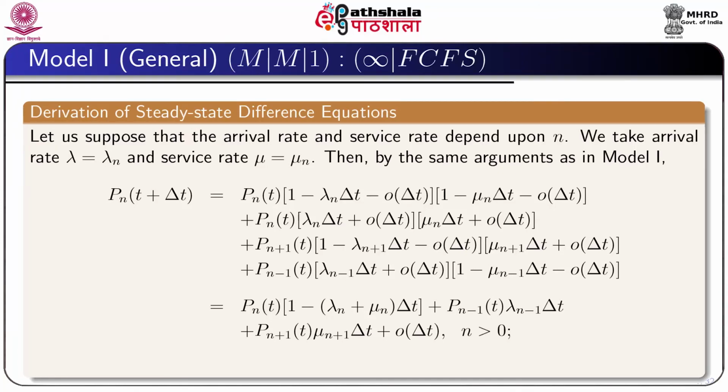Let us now discuss model 1 general, which is M/M/1 infinite FCFS. The assumptions of this model are the same as model 1, which was discussed in the previous module.